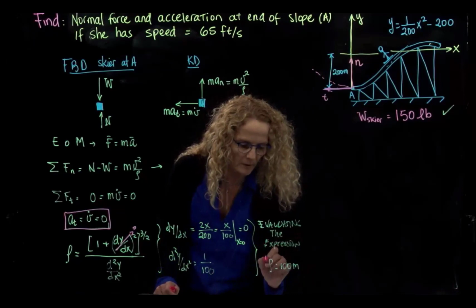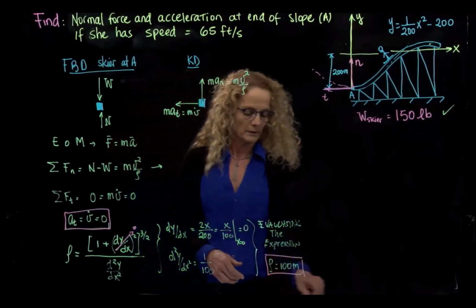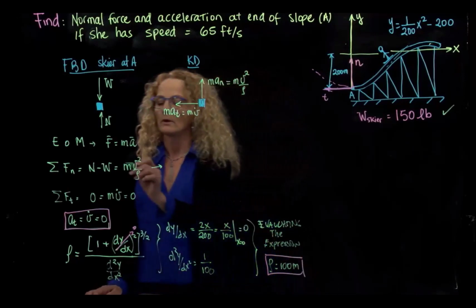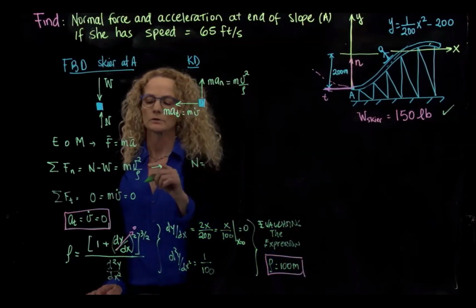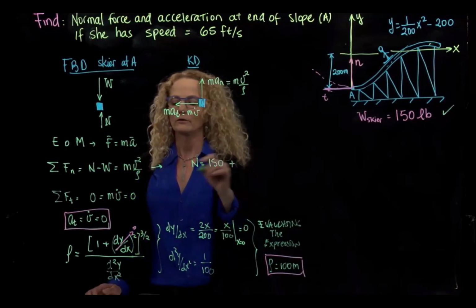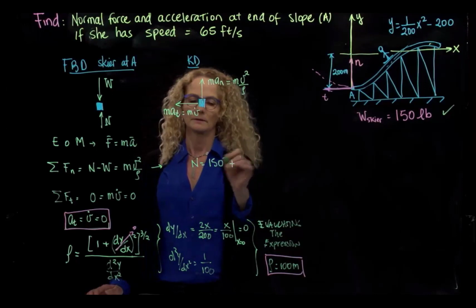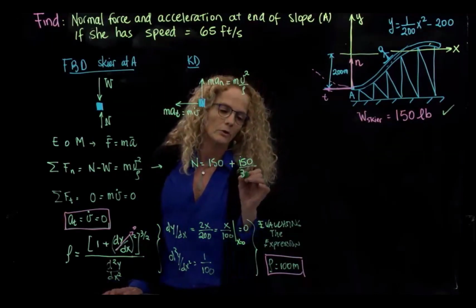This is one result that we need, and then we plug it in here. Having that number, we find that our normal force is equal to the weight, which is 150, plus the mass, which is 150 divided by 32.2.